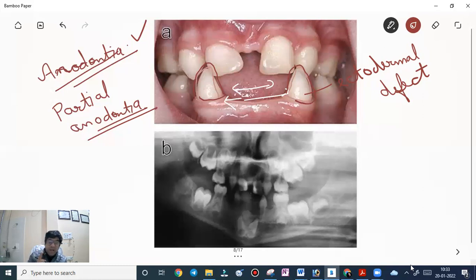That is an external's favorite question. So if there is complete anodontia, the growth of the jaw is not impaired. Also remember the fact that is asked by the examiner: the alveolar bone will not develop in the absence of teeth.